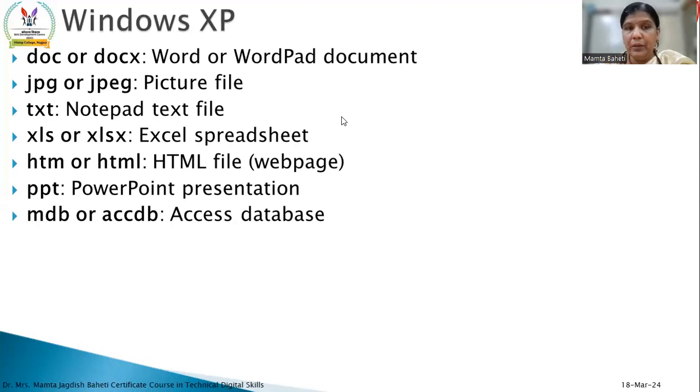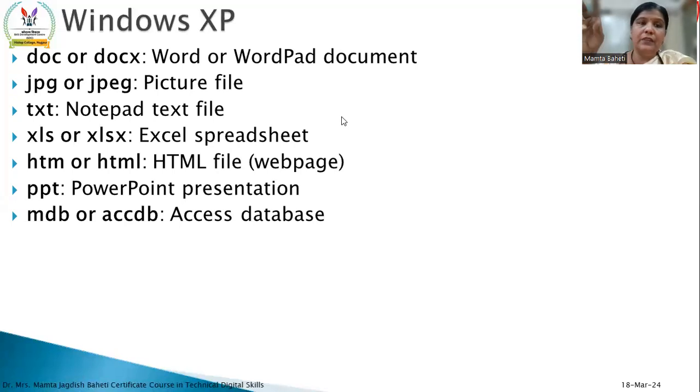on your computer. Because suppose you have saved the file with a .doc extension, and you want to open that file in MS Office 365 or MS Office 2019 or that version, then it will create a conflict. It will not open.